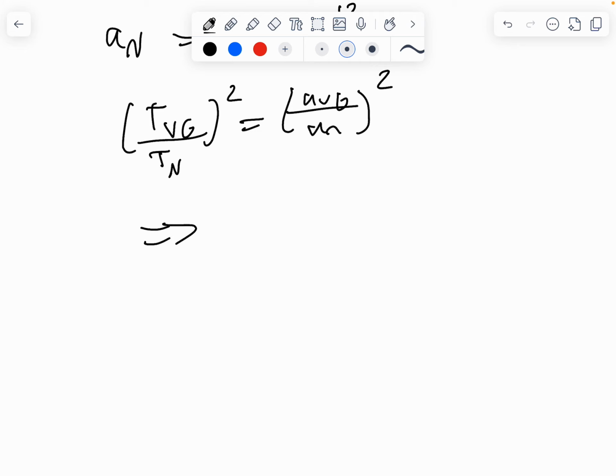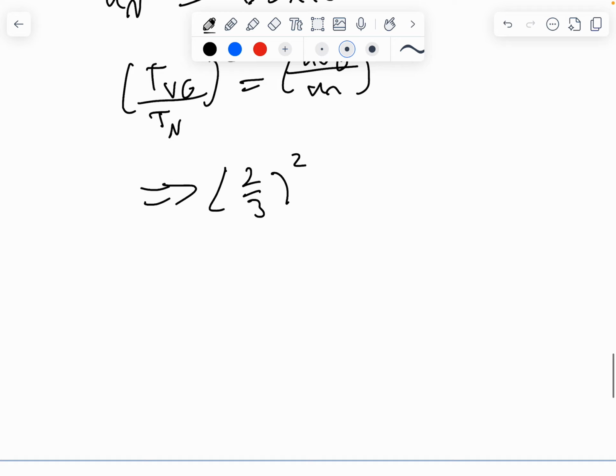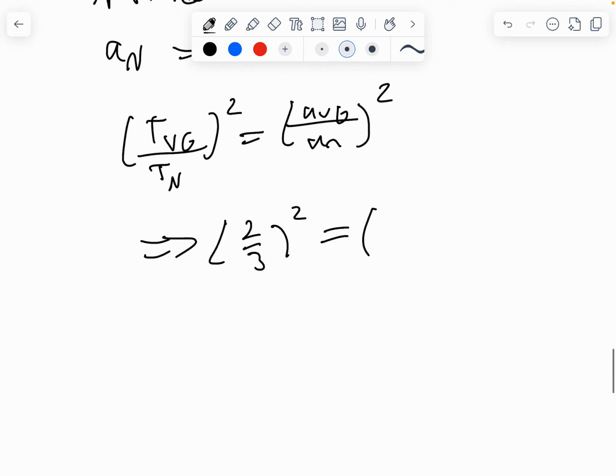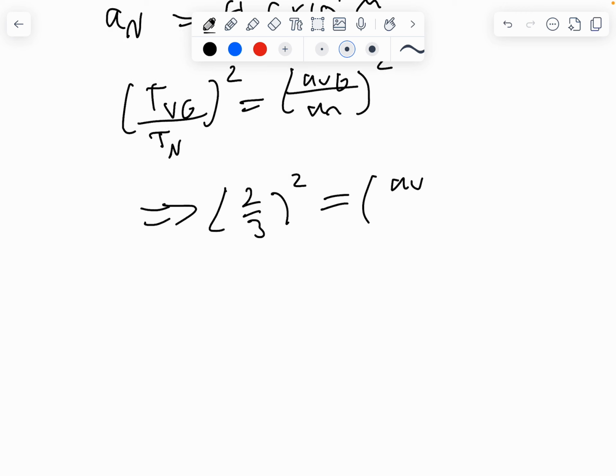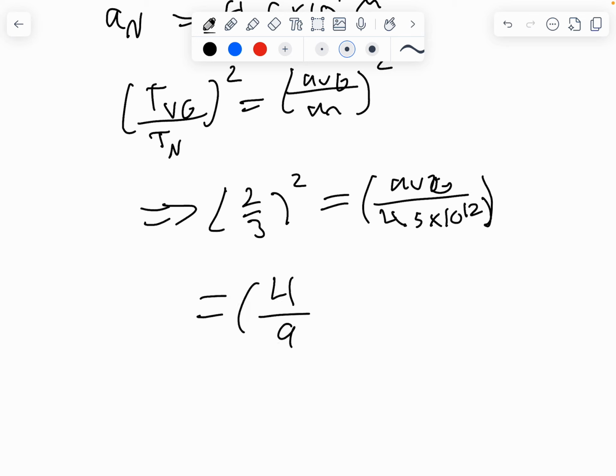So if you convert this into what we need, that'd be 2 over 3 squared, which would equal A_VG over 4.5 times 10 to the 12th power cubed, which would equal 4 over 9 equals A_VG.